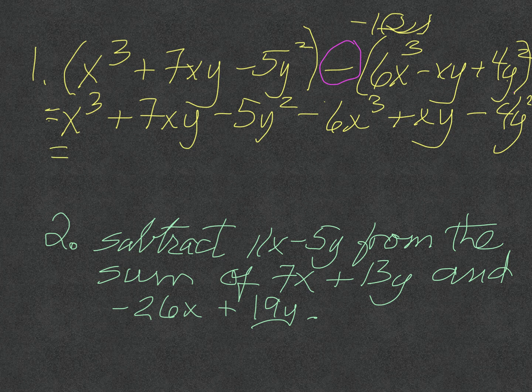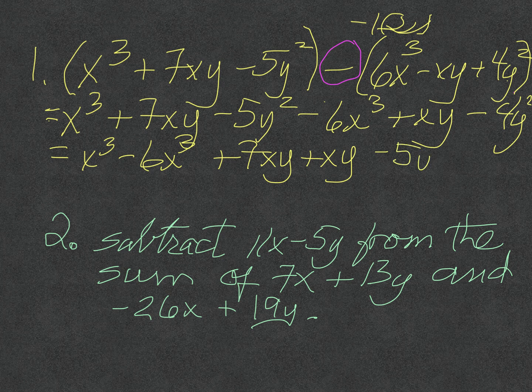Then I regroup. So x cubed minus 6x cubed plus 7xy plus xy minus 5y squared minus 4y squared. So now I've got things regrouped, so it makes it easy to add.